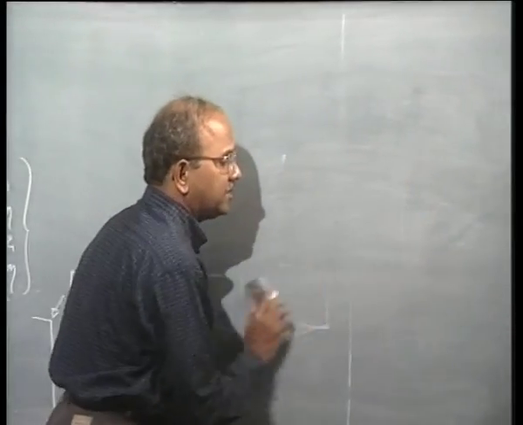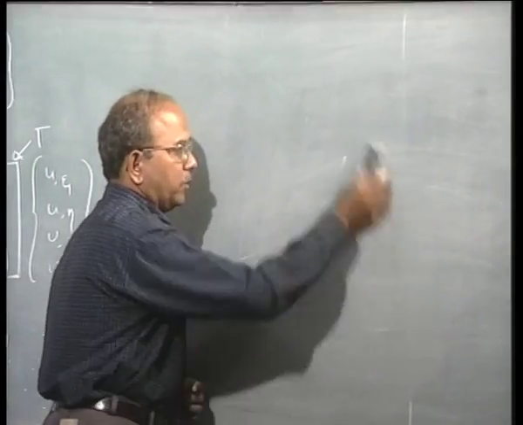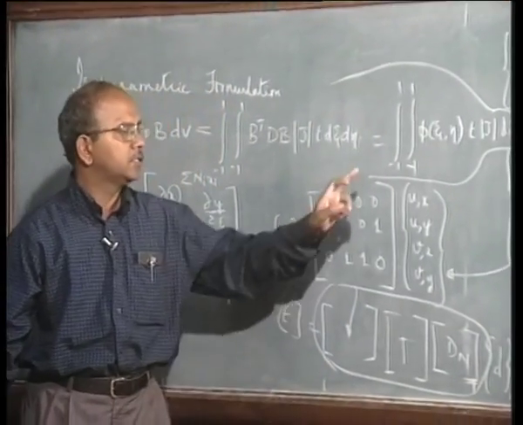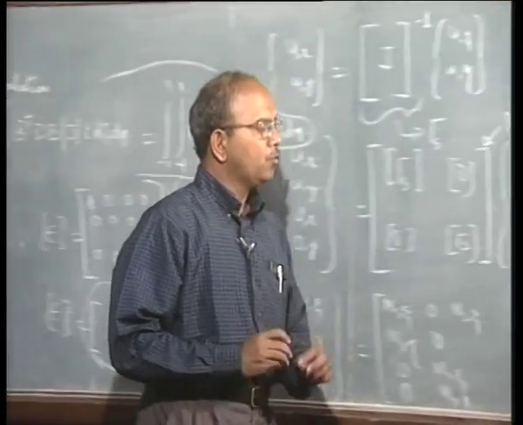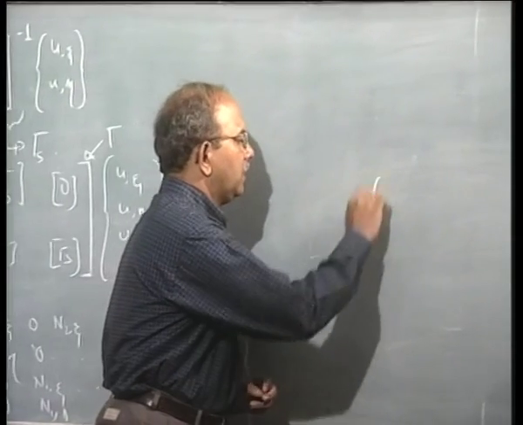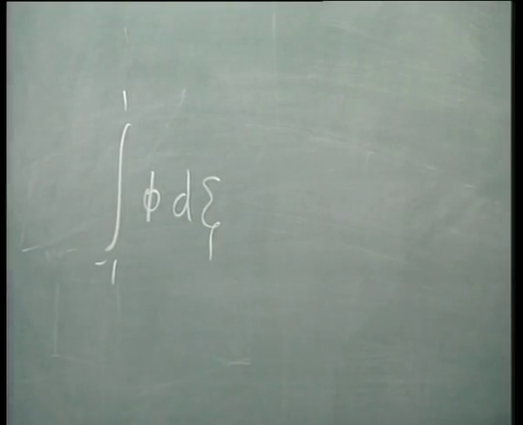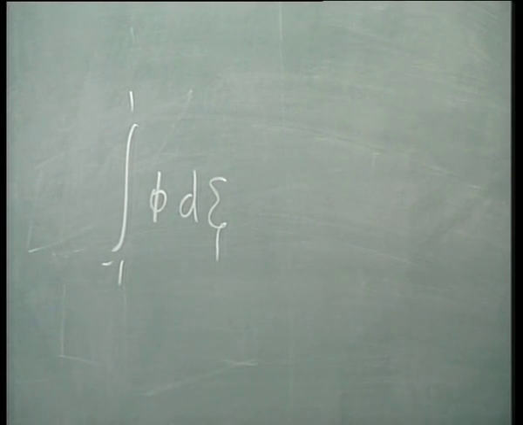Okay. Now let us quickly summarize what we are going to do with respect to this numerical integration. What is numerical integration? Let us look at an equation of the form, say integral minus 1 to plus 1 phi d psi. Now, we can evaluate this by different schemes, numerical integration schemes.